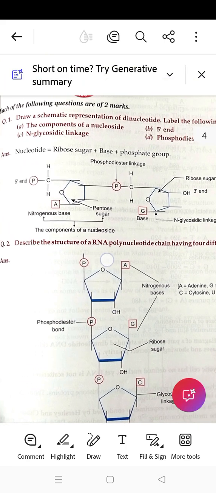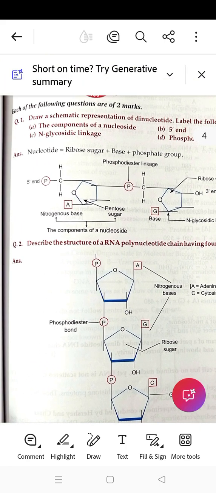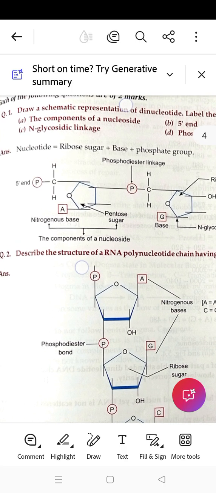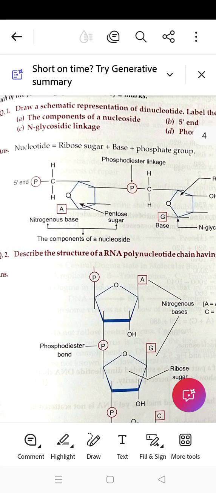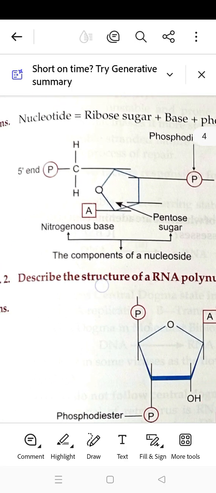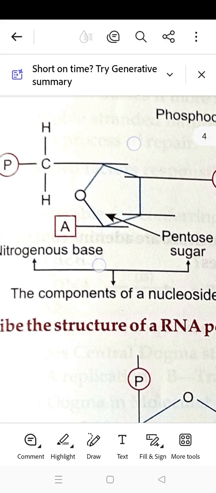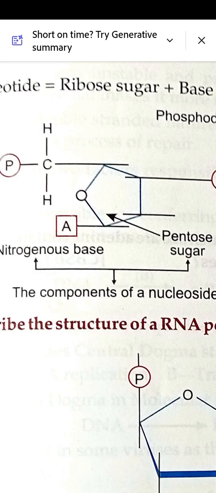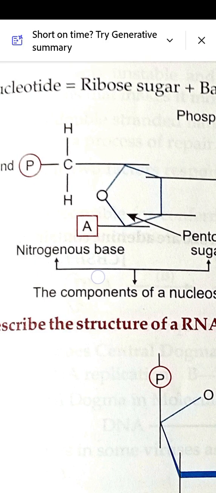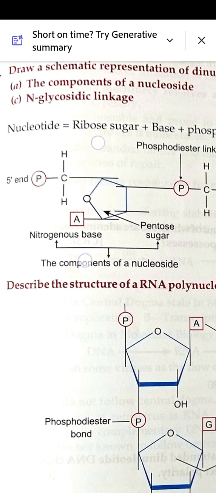We know what a nucleotide is. Nucleotide equals pentose sugar plus base plus phosphate group. You see here, this is the pentose sugar. Pentose sugar has 5 carbons. First carbon is linked with the nitrogen base and 5th carbon is linked with the phosphate group.